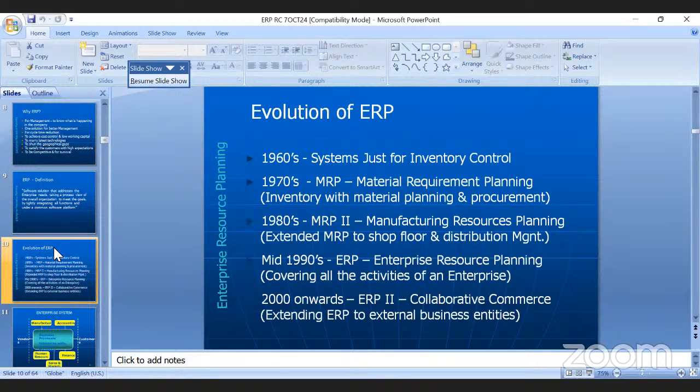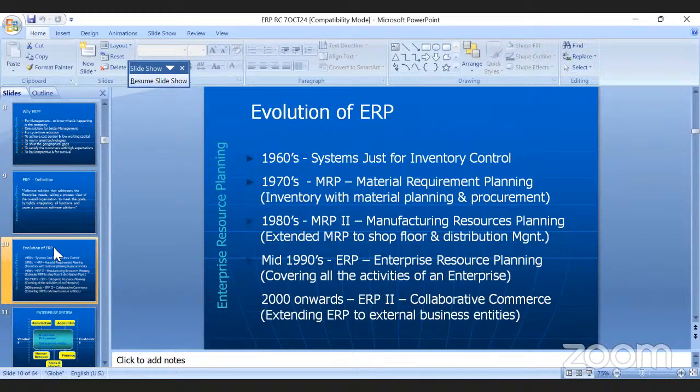In the 80s, manufacturing resource planning extended MRP to the shop floor and distribution management. In the 90s, ERPs were introduced, but after 2000, global companies are using them, increasingly connected internally as well as with other companies. That is extended ERP.